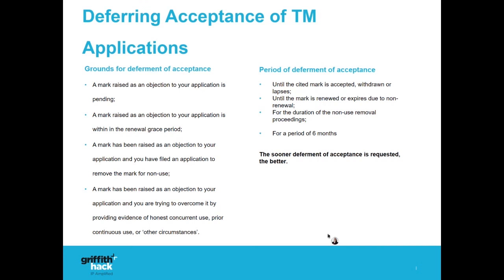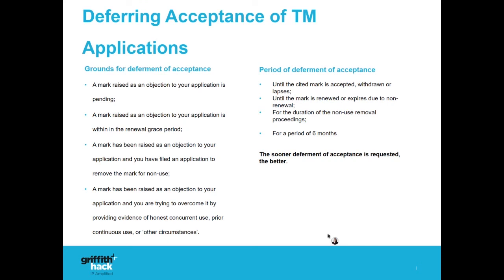But the issue is people leave everything to the last minute. If you request deferment of acceptance shortly after the application has been examined, when that deferment ends, the amount of time that was remaining of the 15-month deadline when you requested the deferment will be added on and a new acceptance deadline set.